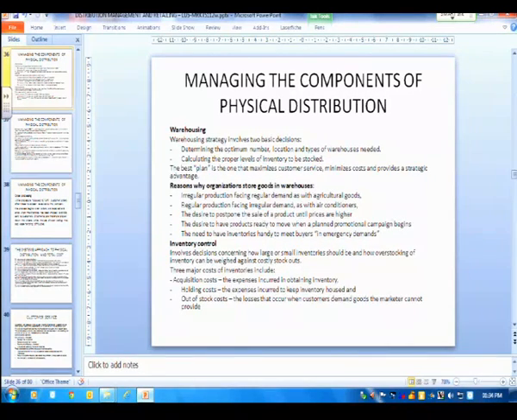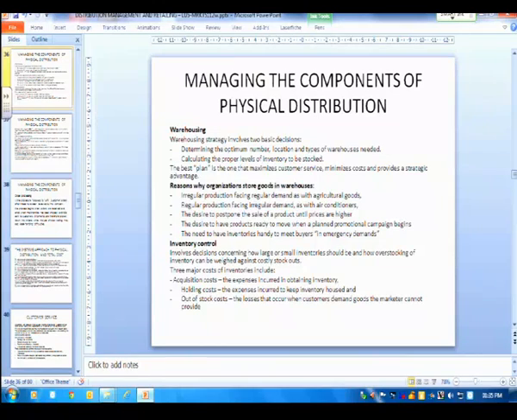Thirdly, the desire to postpone the sale of a product until prices are higher. Fourthly, the desire to have products ready to move when a planned promotional campaign begins. And lastly, the need to have inventories handy to meet buyers in an emergency of demand.